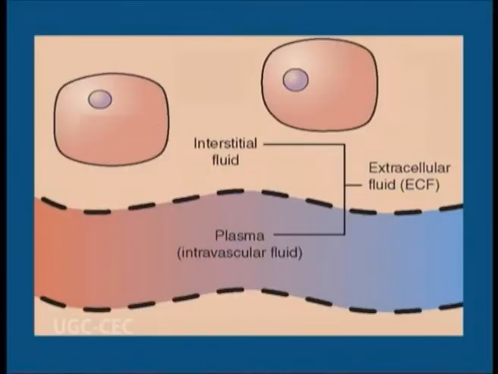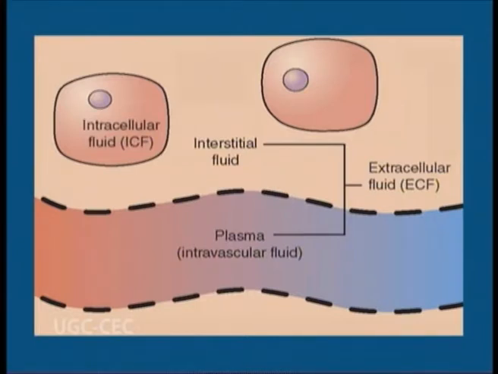An important aspect of homeostasis is maintaining the volume and composition of body fluids, dilute, watery solutions containing dissolved chemicals that are found inside cells as well as surrounding them. The fluid within cells is intracellular fluid.